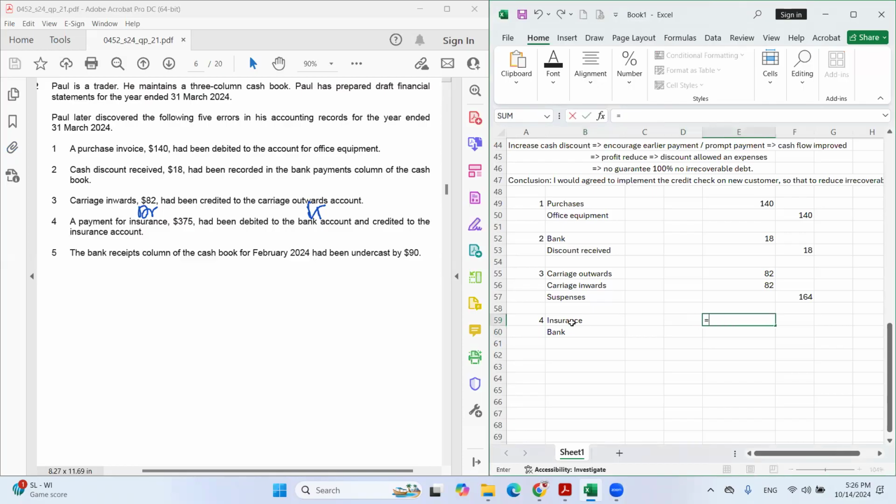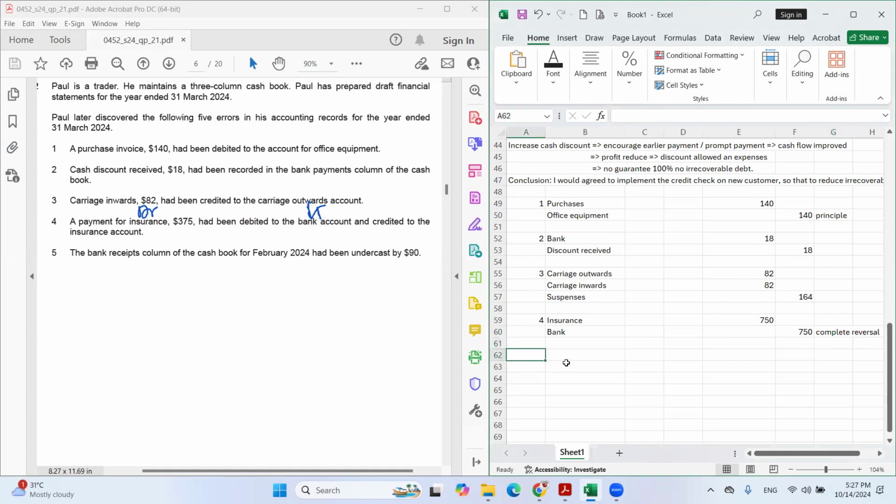So the amount is double, 375 times 2. Okay. So this one is a principal error, a complete reversal. Okay, so this is the answer.